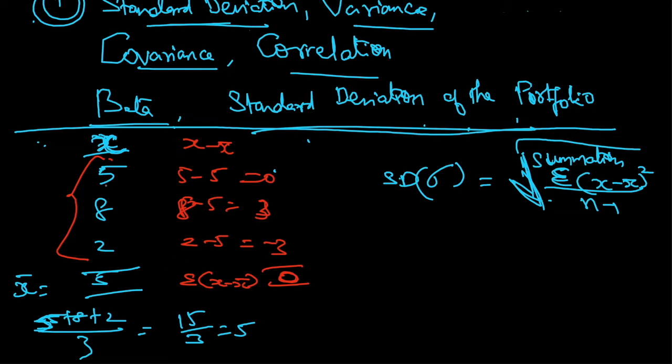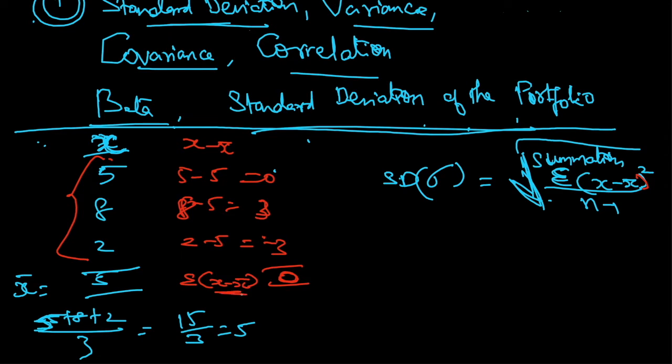The reason being, each number I'm connecting with the mean. So finally, some numbers will be bigger and some numbers will be smaller than the mean, and when I add up all, it will give me 0 only. So there is a problem, and that is the reason why this formula is modified.